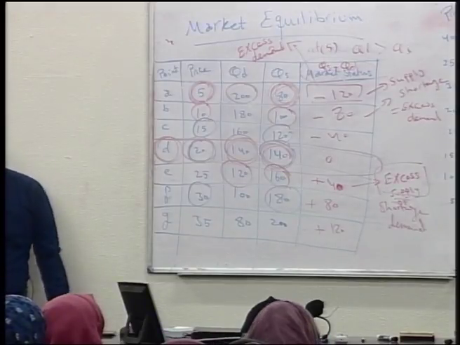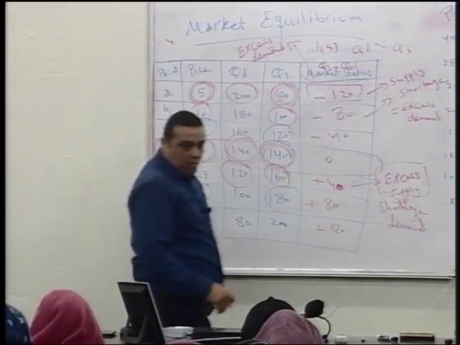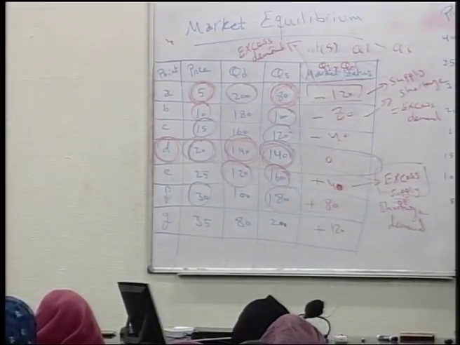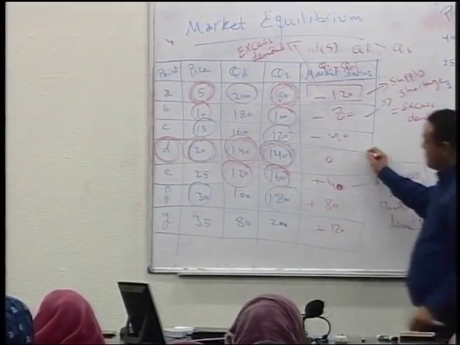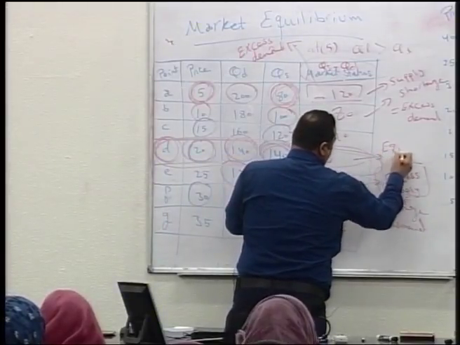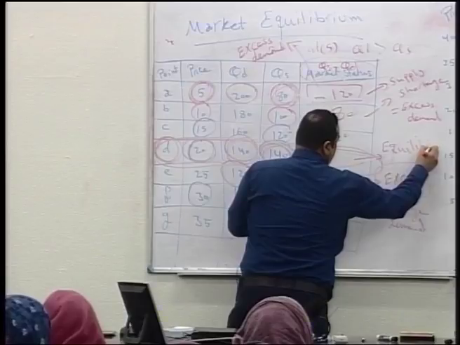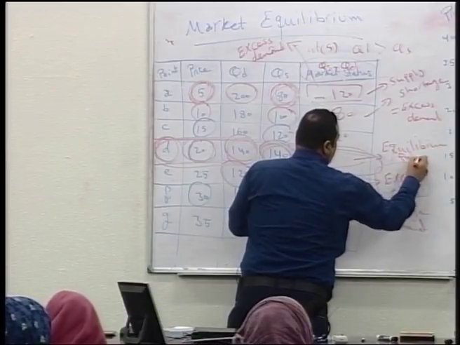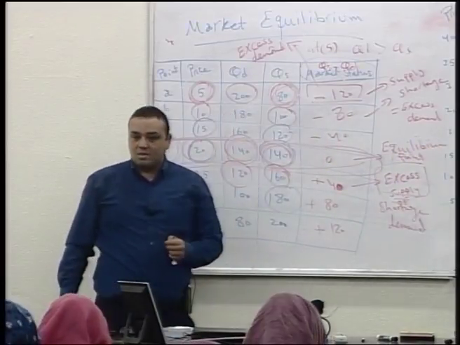Where is the point at which the quantity supplied equals the quantity demanded? Here. This is the equilibrium point, market equilibrium.